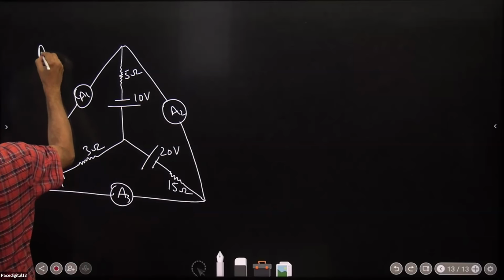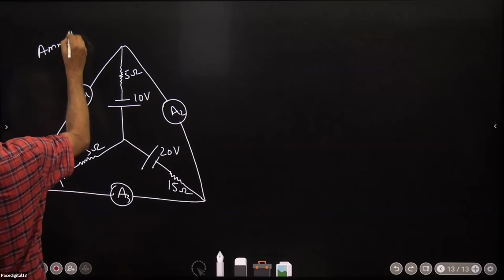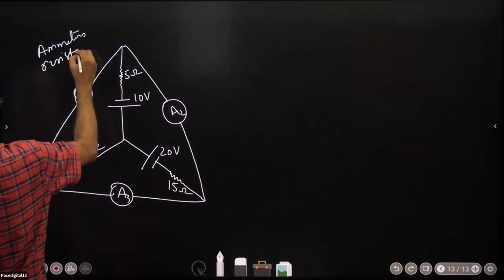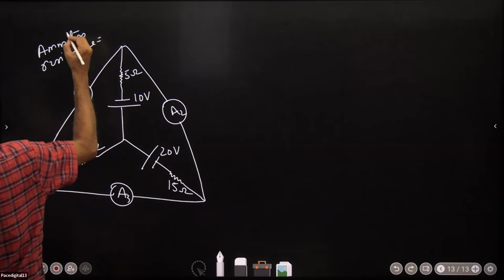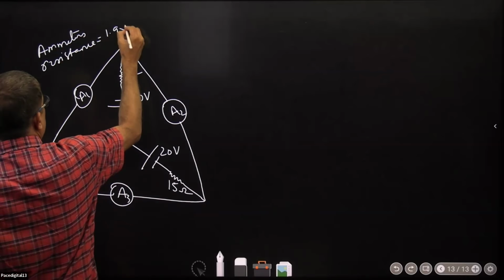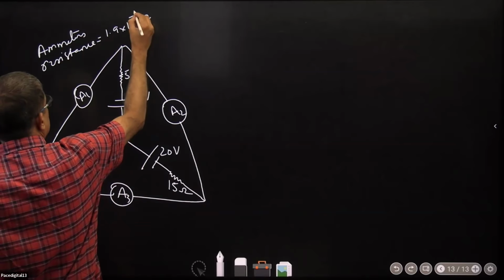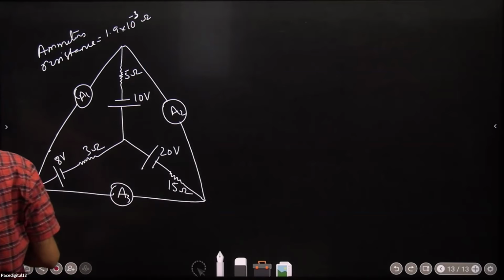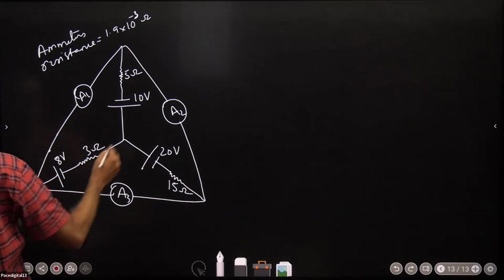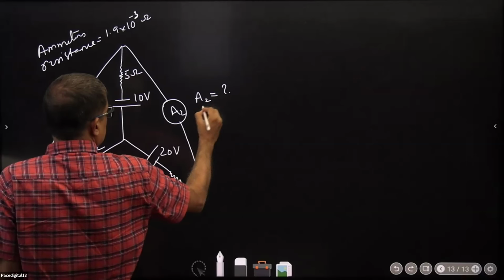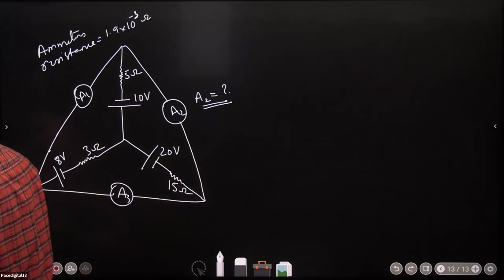All three ammeters' resistance is 1.9 into 10 raised to minus 3 ohms. The reading of A2 is what is asked.